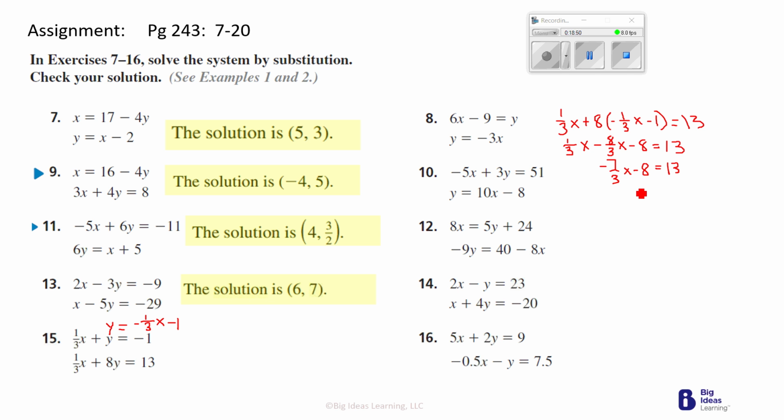All right, now we're going to have to combine our like terms on opposite sides. We'll have to add 8. And that's going to give us negative 7/3 x is equal to, I believe that's going to be 21.